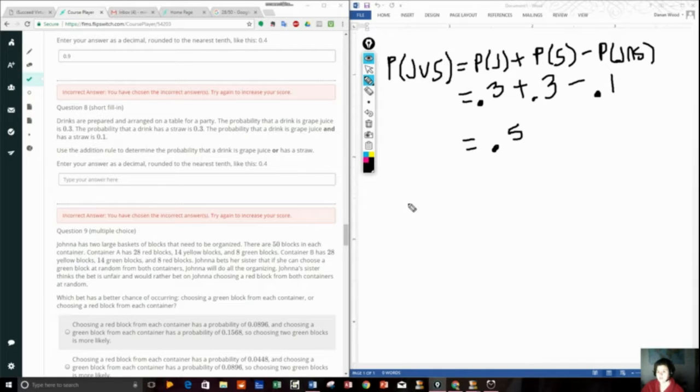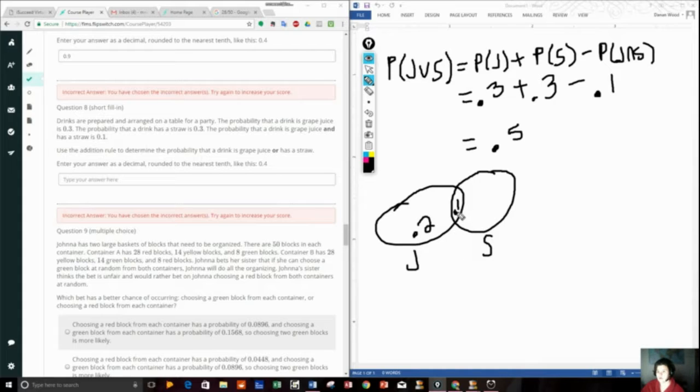And then if you like the visual representation, you have to set it up right. So we have the juice and the straw, and we know that there's 0.1 in the intersection, we know our total juice has to be 0.3. So that means there's going to be 0.2 in the juice only. We know our total straws has to be 0.3.